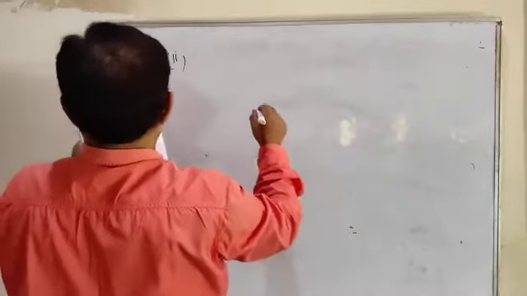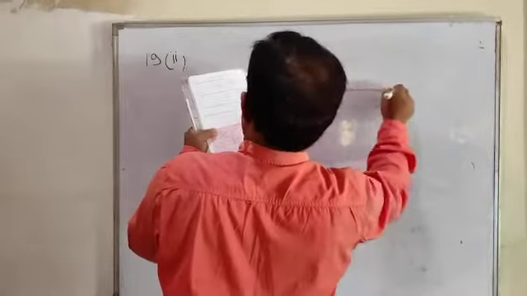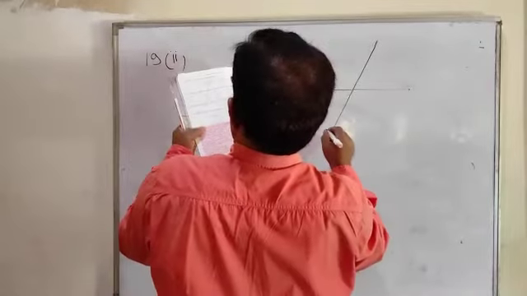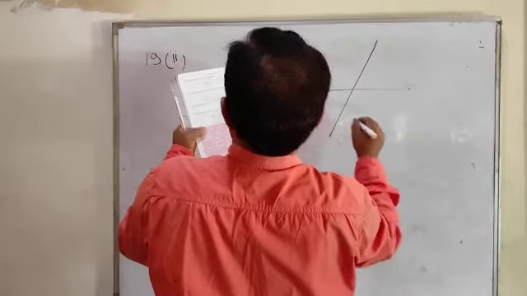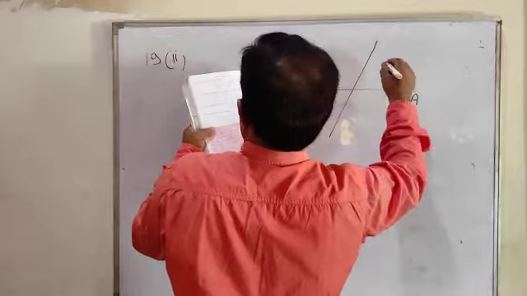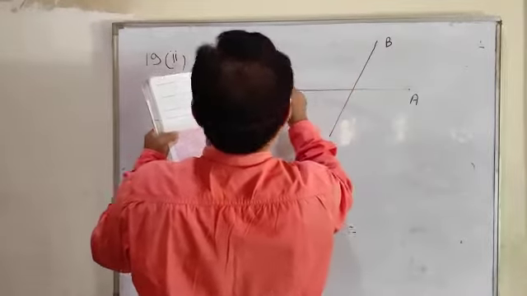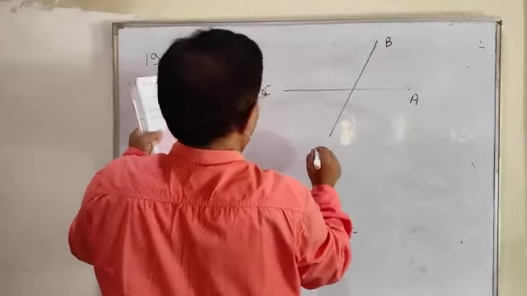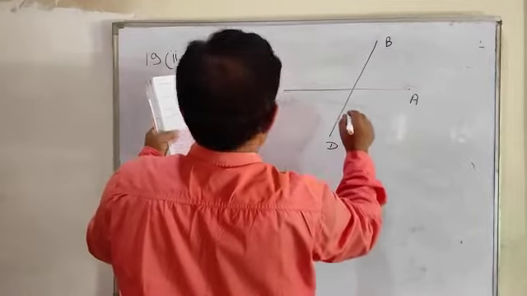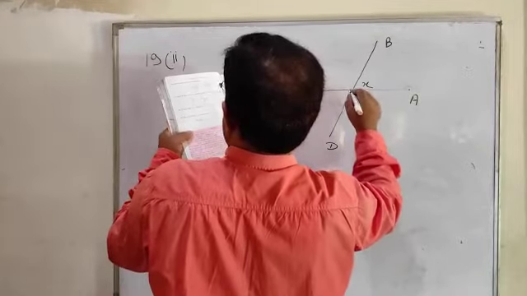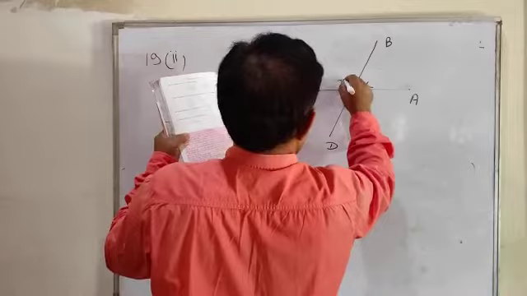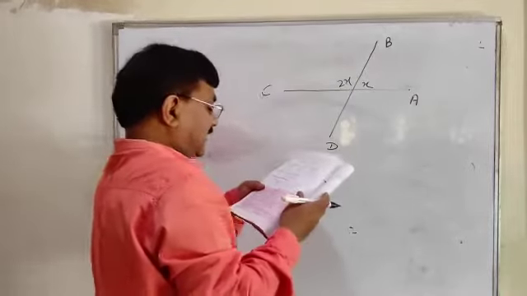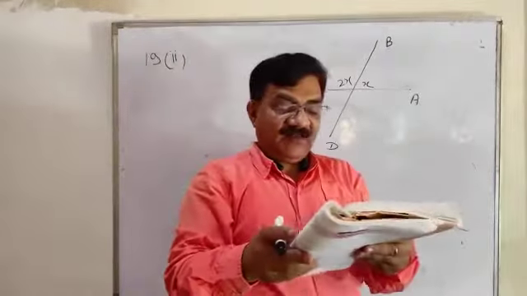What is there? A, B, C and D. This is X, this is 2X. What is asked? Find the value of X in the following figure.